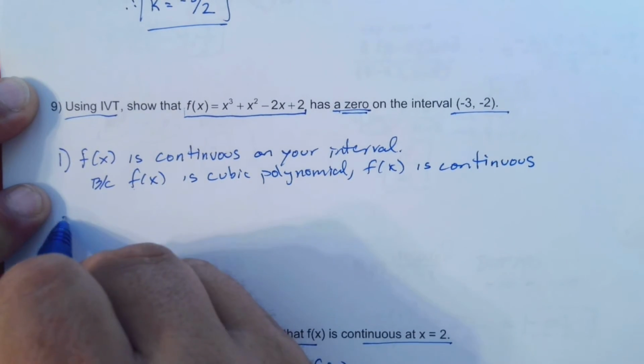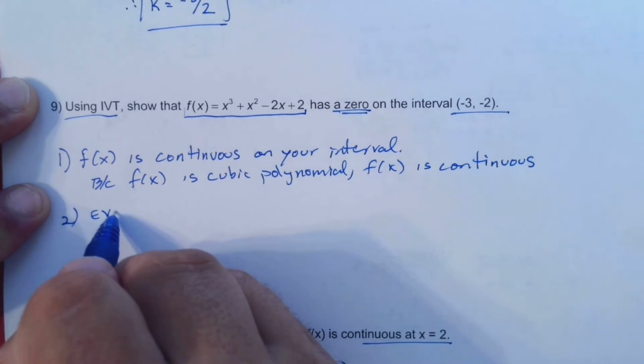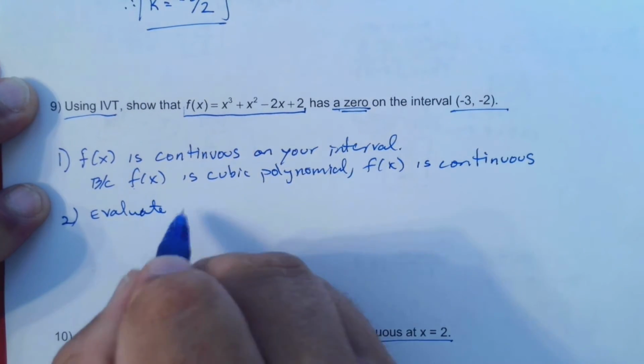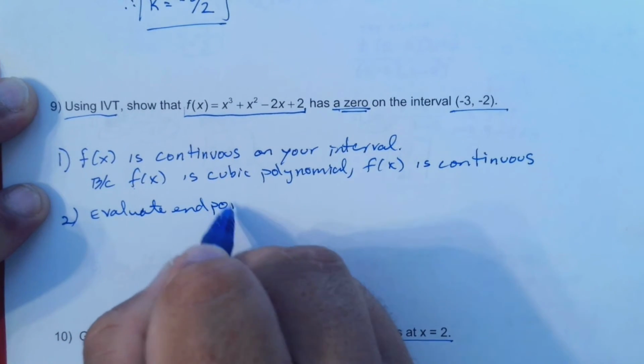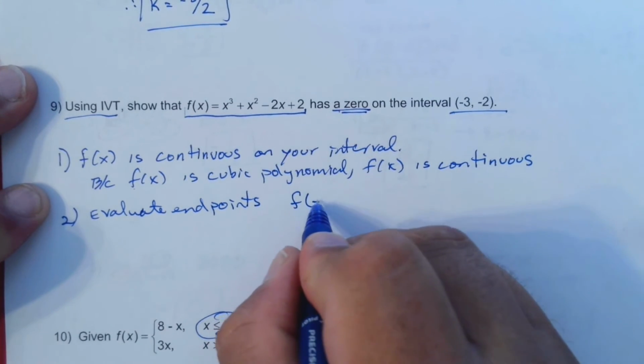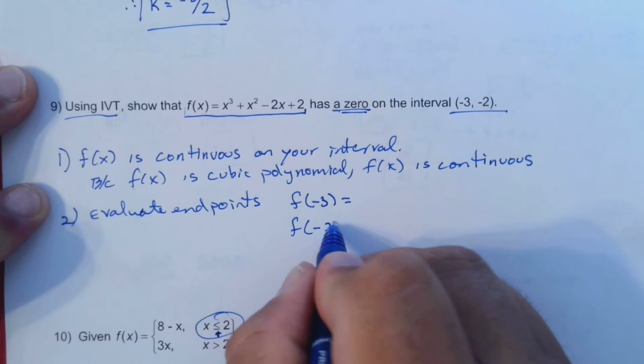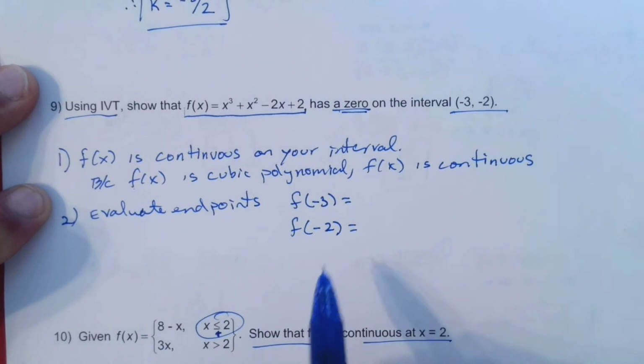The next thing we want to do is to evaluate our endpoints. That means we need to figure out what f of negative 3 equals, and what f of negative 2 equals.